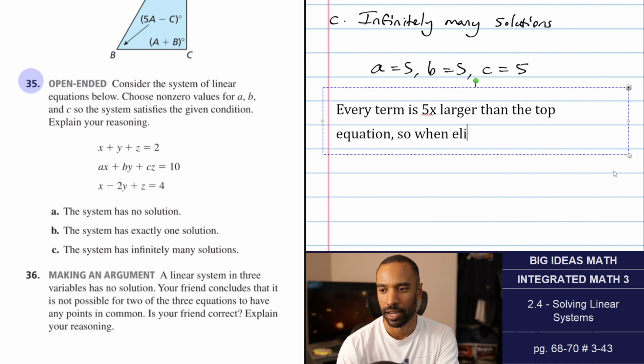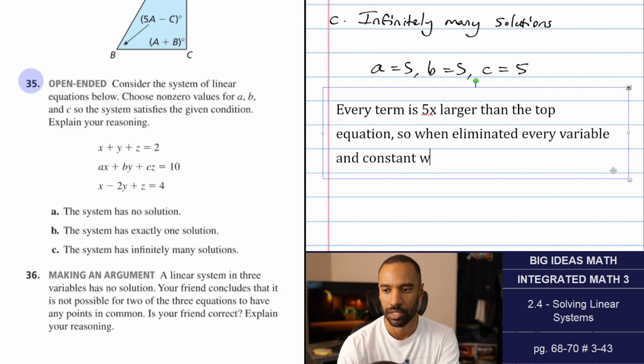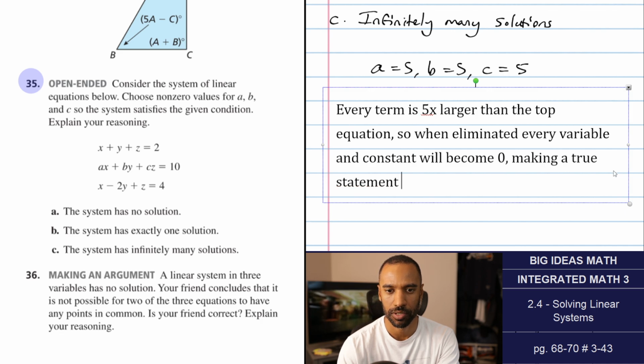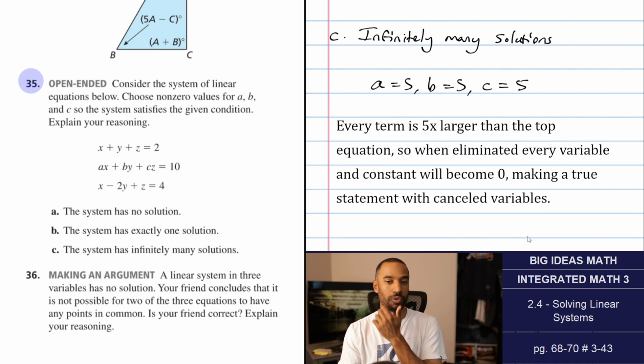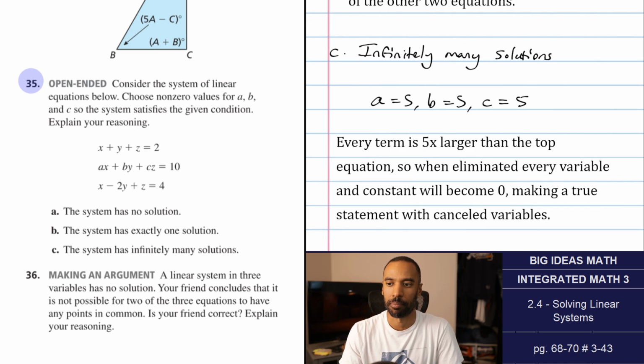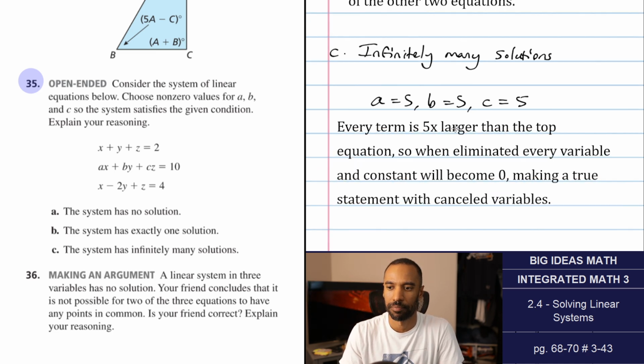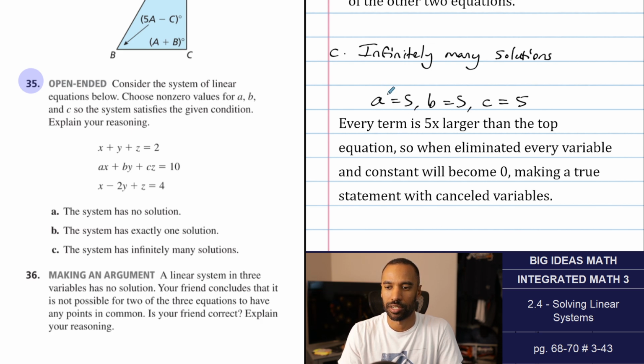So when eliminated, every variable and constant will become 0, making a true statement with canceled variables, like an infinite number of solutions case has. I'm not going to solve it, but that's just kind of the support that I have there. All right, that is my open-ended number 35.